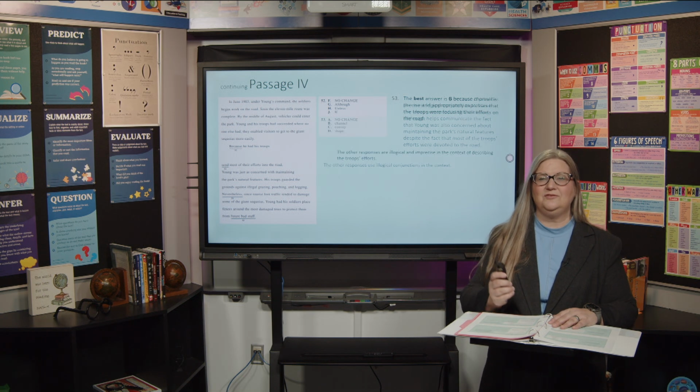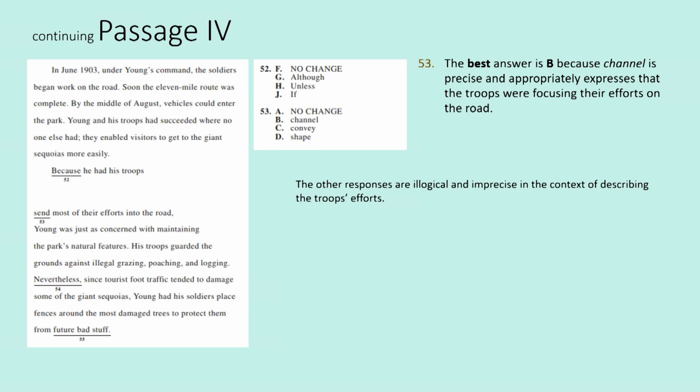On question 53, the best answer is B. The word channel is precise and appropriately expresses the fact that troops were focusing their efforts on the road. All of the other responses are illogical and imprecise in the context of describing the troops' efforts.